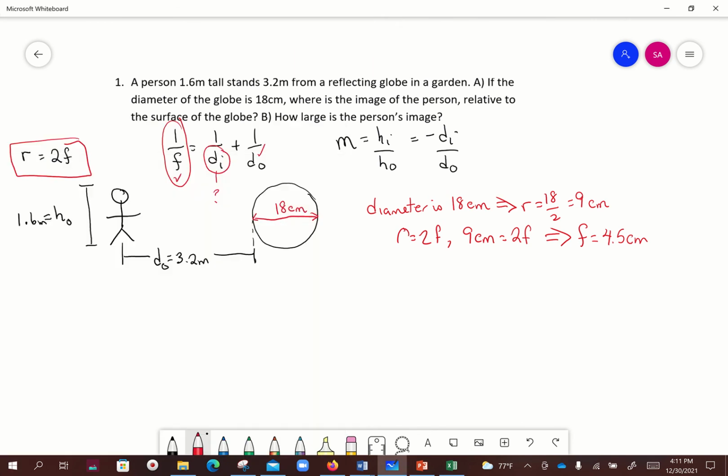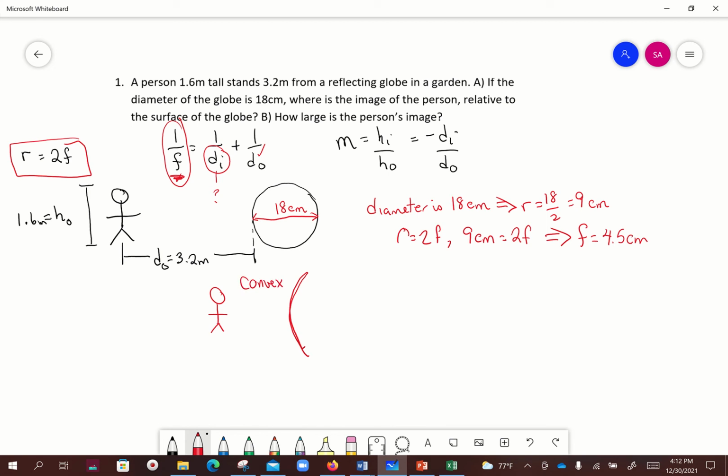So you know when you do a mirror problem or a lens problem, the focal length can be positive or negative depending on whether it's a concave or a convex mirror or lens. So for a mirror, let me draw just a cross section here. So a cross section of the ball, the person is standing on the outside of the ball, so to them it looks like a convex surface.